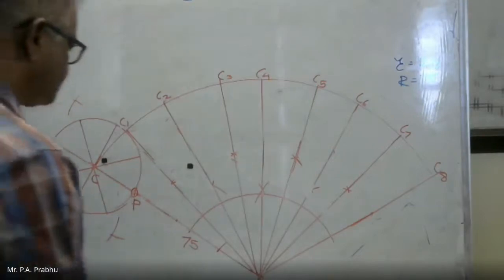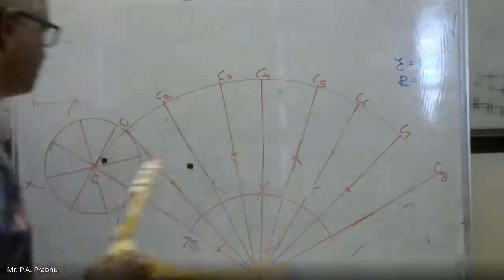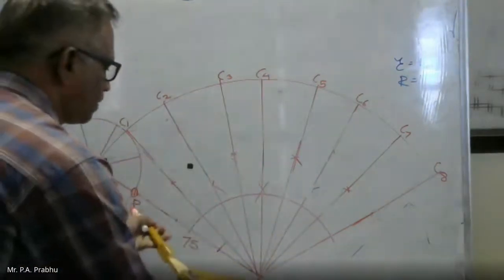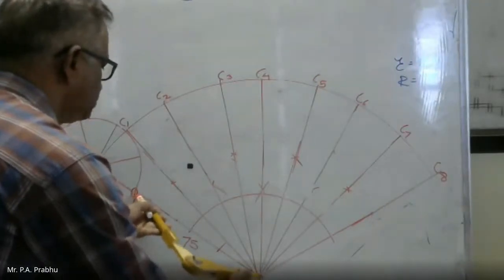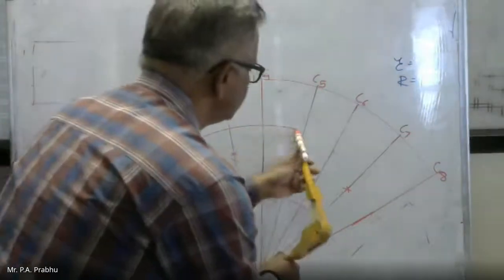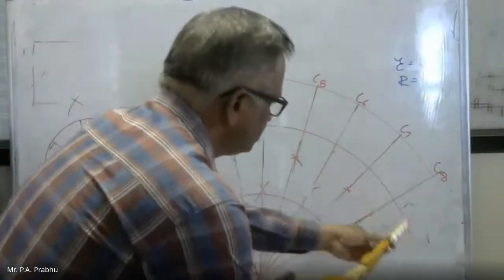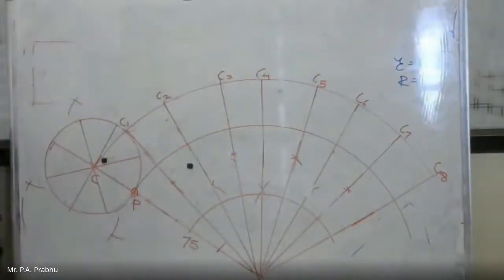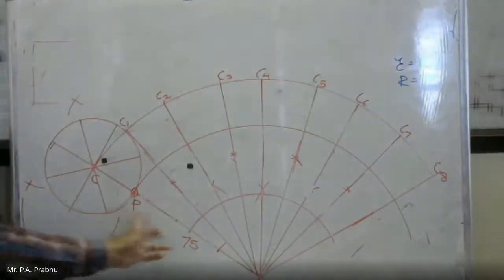Then through O and radius P, draw this circle. This is actually our directing circle of 75 radius.